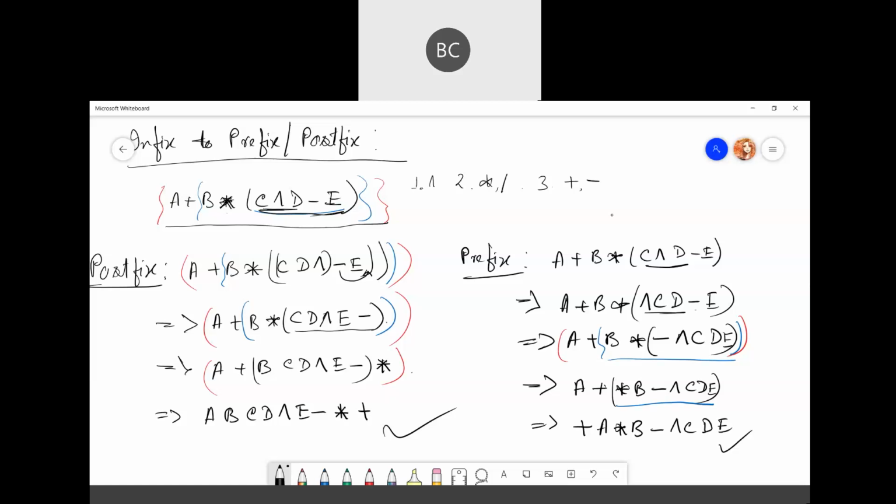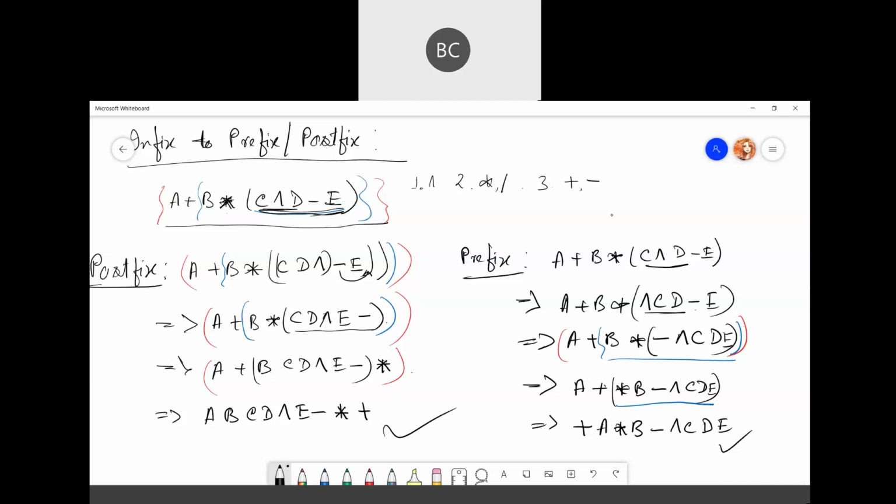If you want, you can initially give the brackets. Which part do you evaluate first? Here, you have to evaluate this expression first. Inside it, exponential has higher precedence over minus, so C D exponential comes first, and after that the subtraction sign.